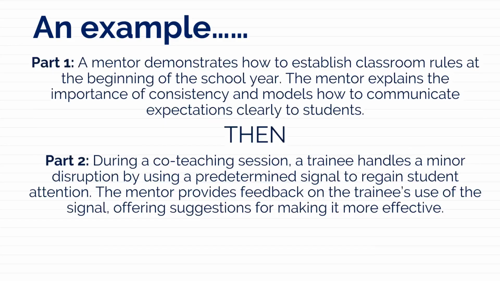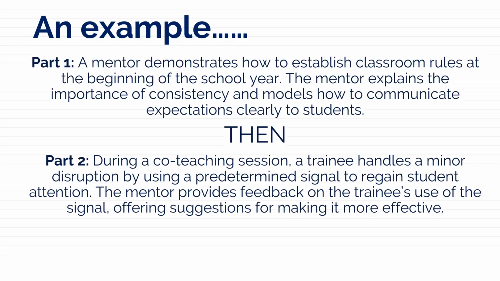The next one's a bit more complicated, but you'll see where I'm going with this. So have a look at part 1. The mentor's demonstrating, the mentor's explaining, and the mentor models to the pupils in front of the trainee. Then there's some co-teaching together.